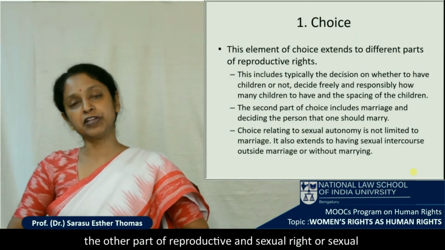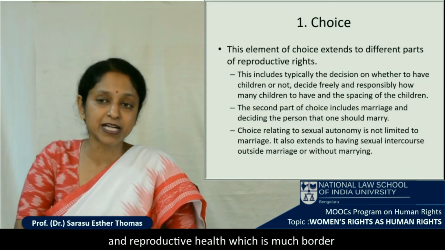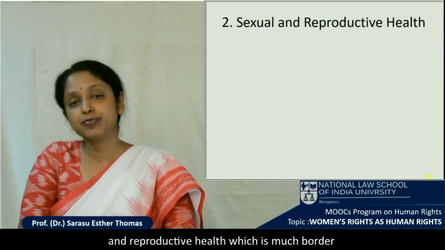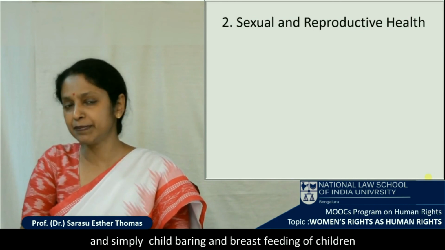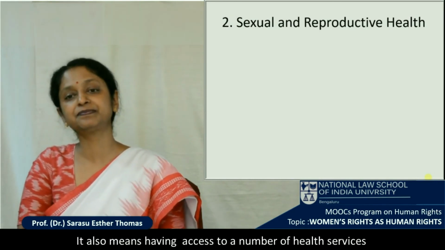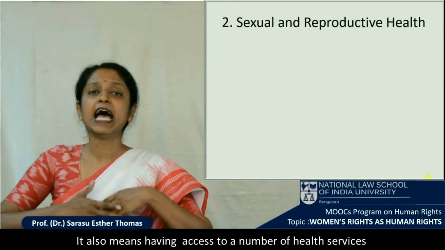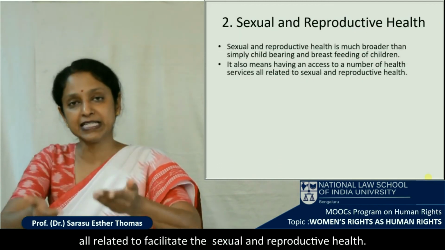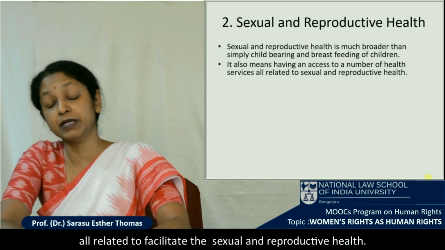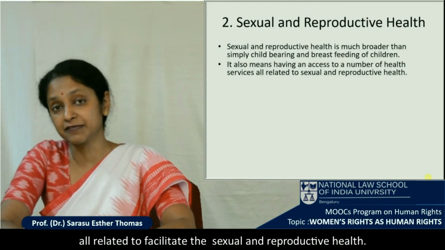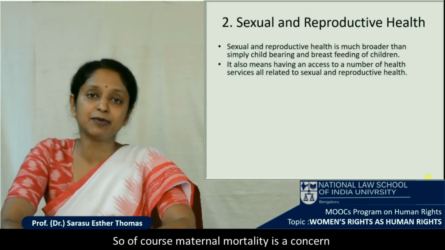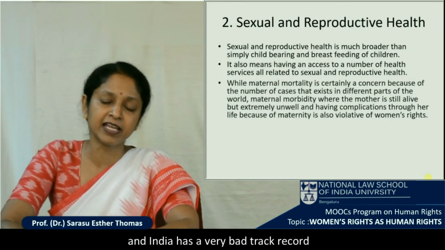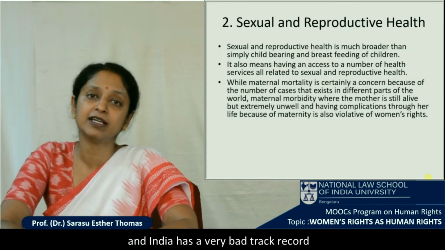The other part of reproductive and sexual rights is sexual and reproductive health, which is much broader than simply childbearing and breastfeeding of children. It also means having access to a number of health services to facilitate sexual and reproductive health. So, of course, maternal mortality is a concern, and India has a very bad track record.